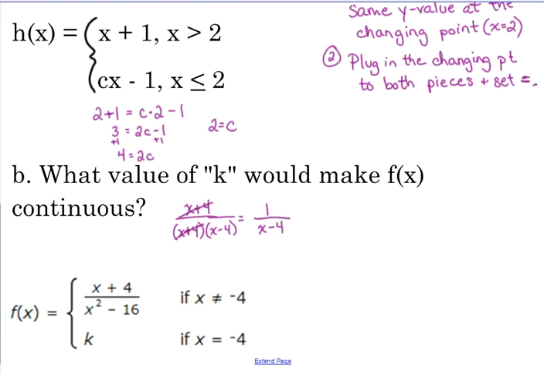So our function simplifies to 1 over x minus 4. Guess what? That got rid of the problem. If x is -4, -4 minus 4 is no longer 0. -4 minus 4 is -8. So it's okay now. We can plug in that number.